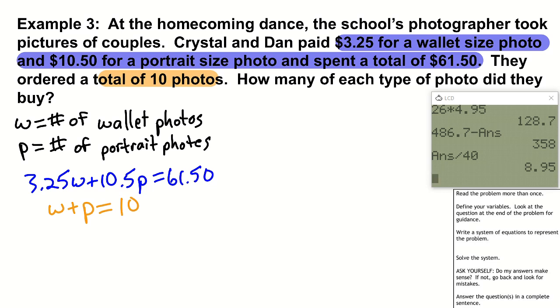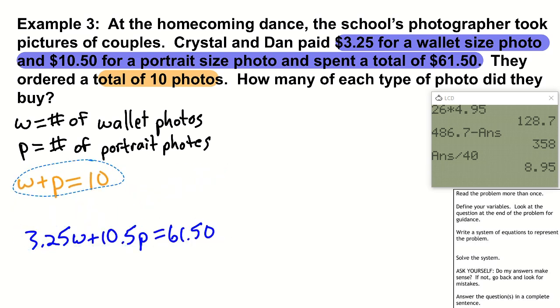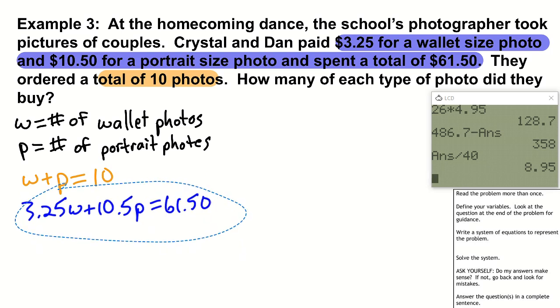So we can use elimination here, but we need to multiply something somewhere. I'm going to suggest that we multiply this equation by 10.5. I'm going to switch the order here because I like to take the top equation and multiply it by something, and then I can just do them right in order. It's handy.